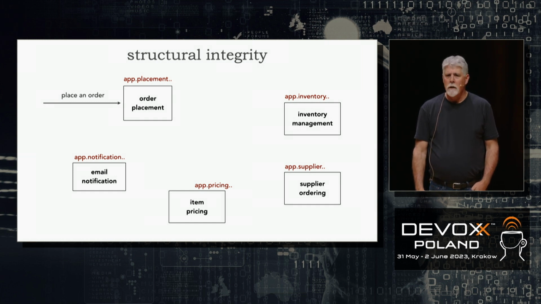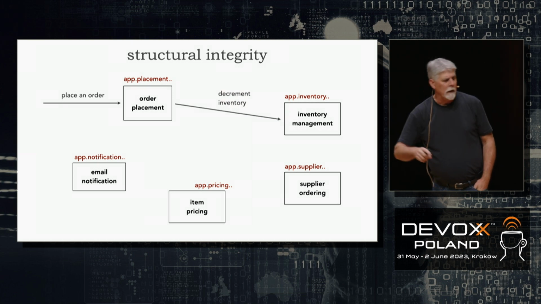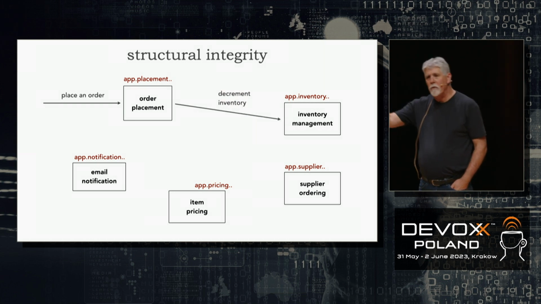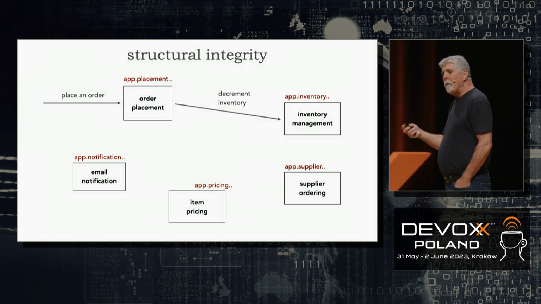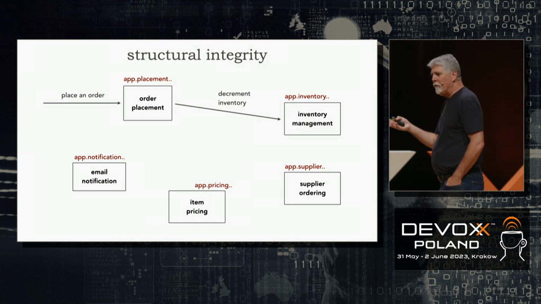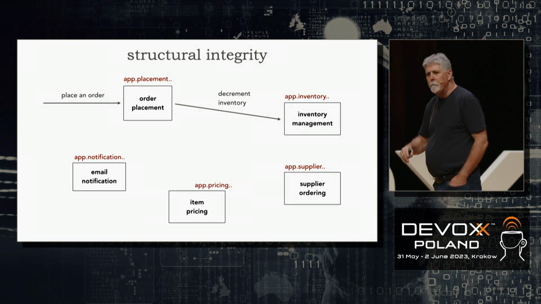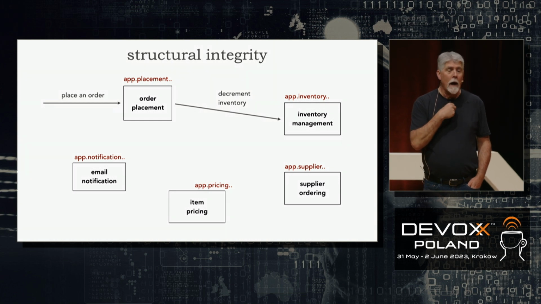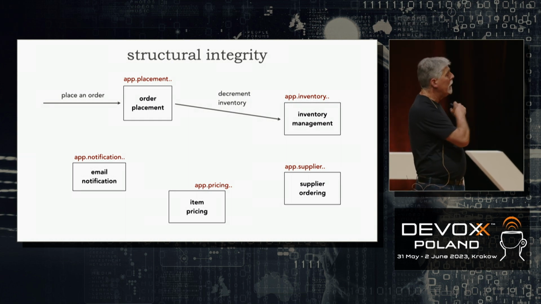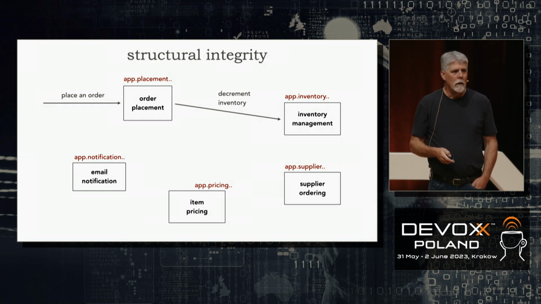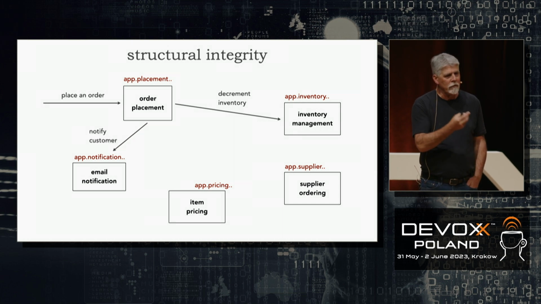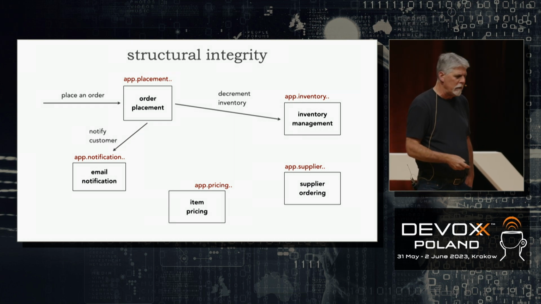No, of course it's not. That's your responsibility. So I tell inventory management, decrement inventory. Is it my responsibility to email the customer to say your order's on its way? And when I say I, I mean order placement right here at the top. No, I tell email service or email component do that.